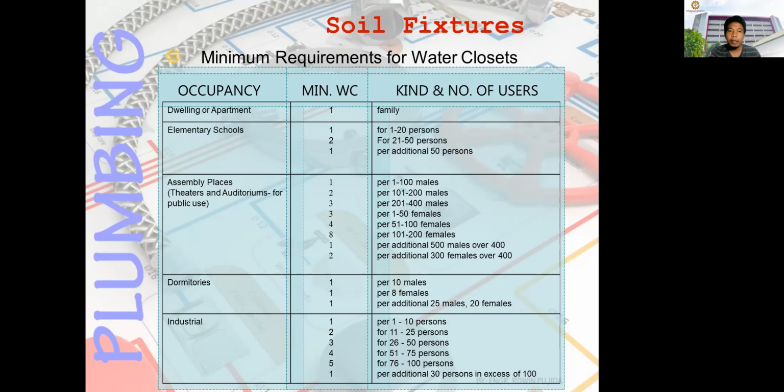So for a family dwelling, in your building, at least you have 1 water closet for a family. But in the design now, maybe there should always be 2 toilets and bathrooms for a 2-story and maybe 1 for a 1-story building.